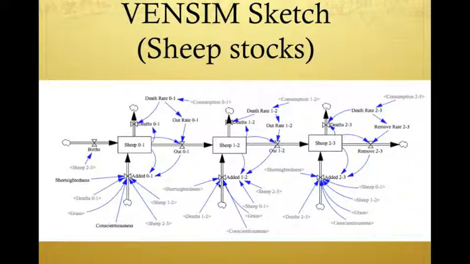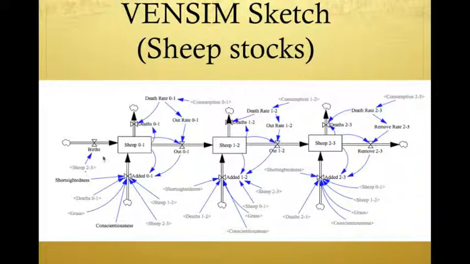So here is the Vensim sketch for the sheep stocks, and again, in the video for the model, I go into a little more detail, but let me walk you through the basics. You have 3 stocks of sheep. Each stock has inputs and outputs. The young stock of sheep, the 0 to 1 year olds, have births, which are proportional to the stock of the mature sheep.